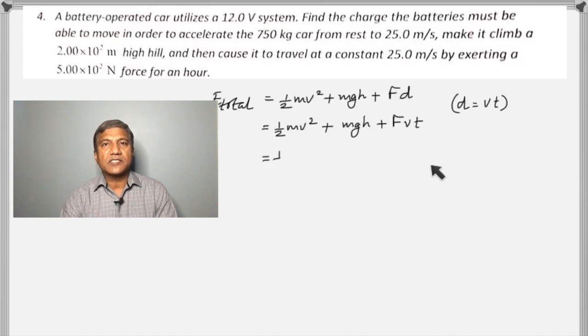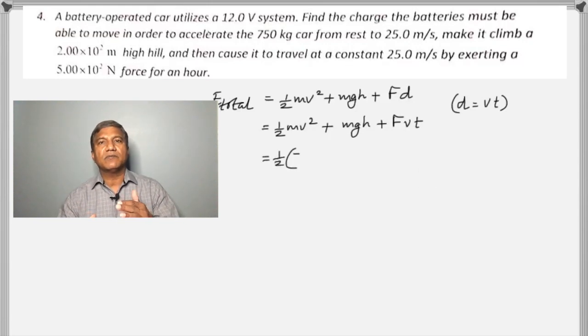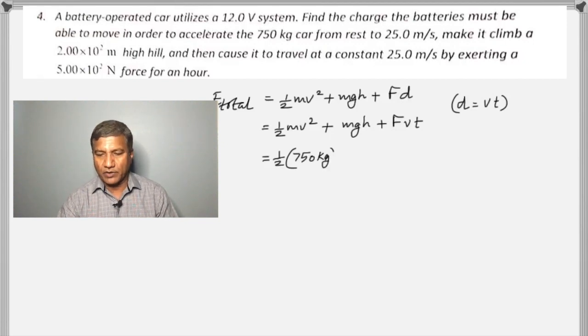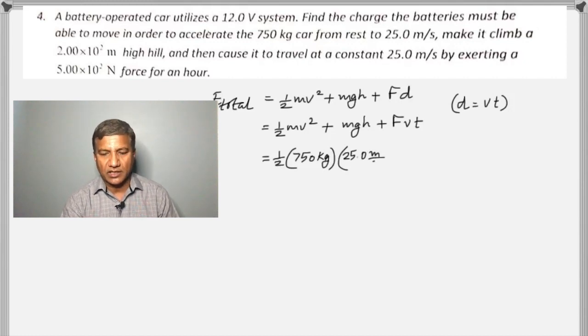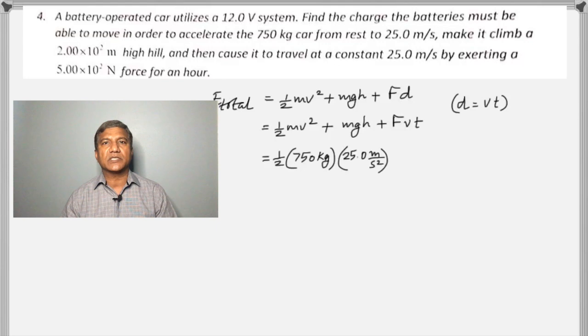And to find the distance moved in 1 hour, you multiply the velocity with the time, and the time needs to be in seconds. So the velocity is 25 meters per second, and the time is 1 hour, which is 3,600 seconds.